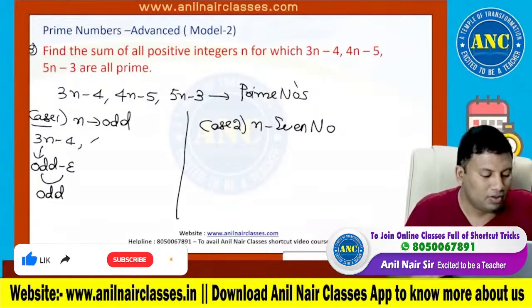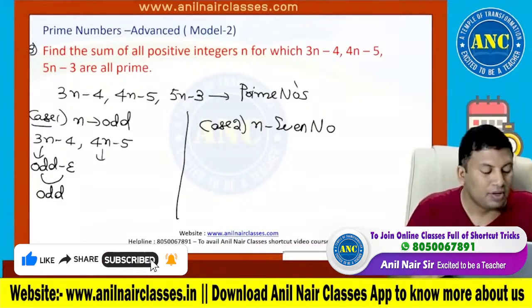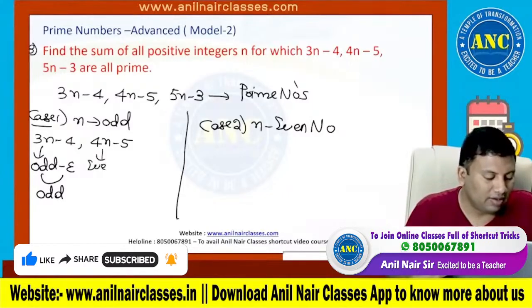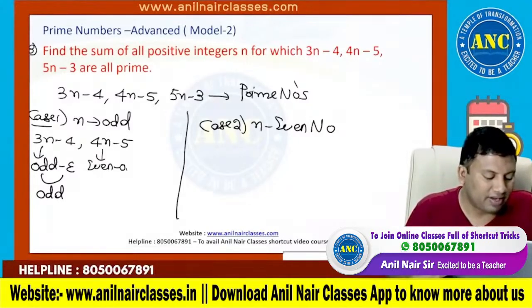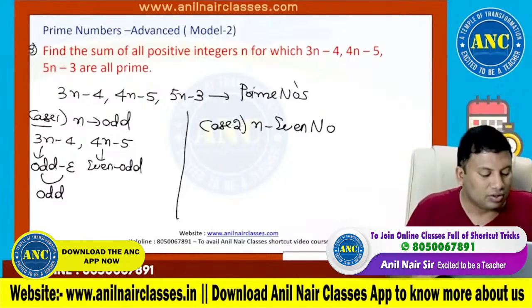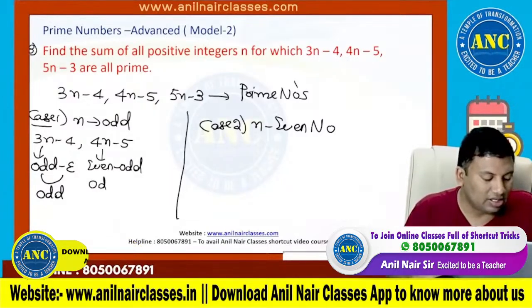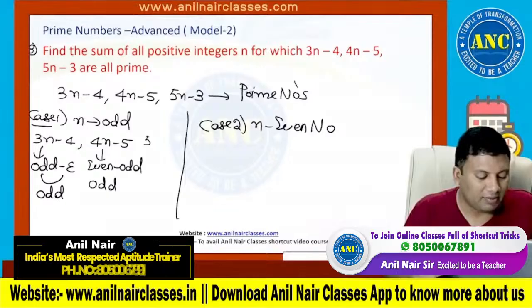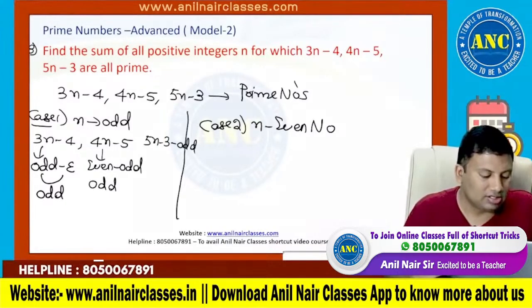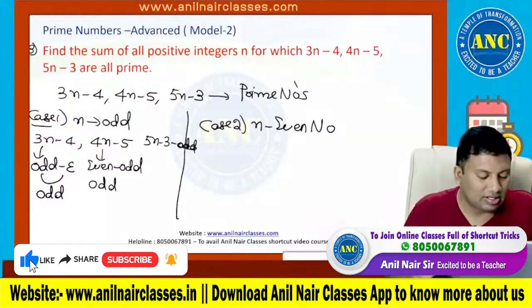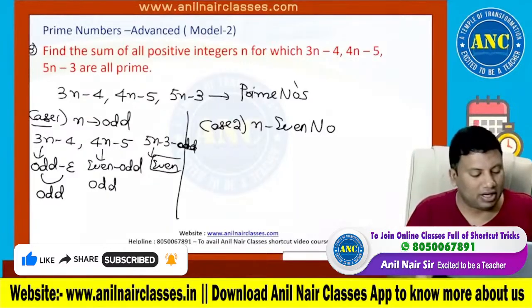Possible. 4n minus 5. This is nothing but 4n, odd into even is even, minus 5. 5 is an odd number. So even minus odd is odd. 5n minus 3. It is odd into odd, odd. Odd minus odd is even. I hope the idea is clear.